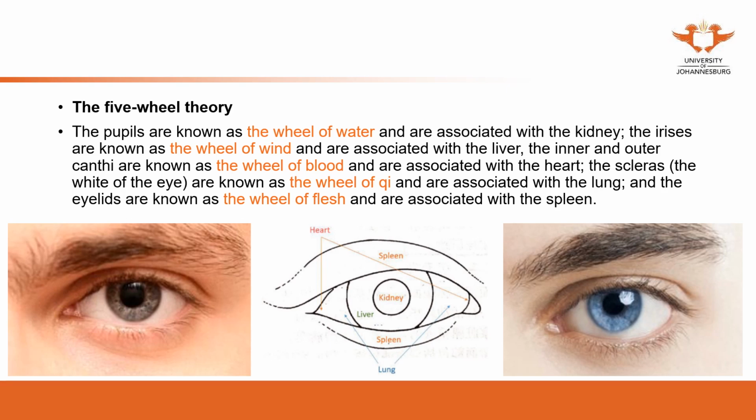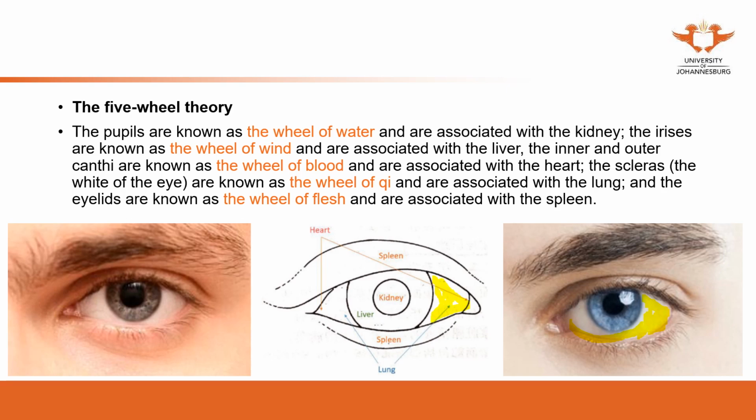If it presents as redness, such as in the previous slides, with redness in the white parts and in the corner, the sclera is the area of the lung, and redness is the color of fire.